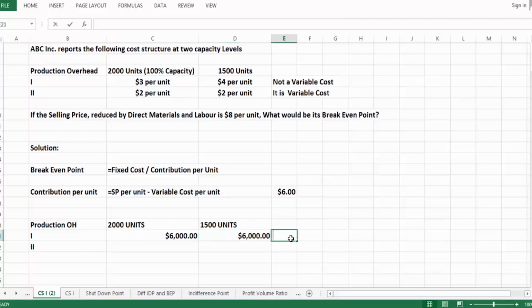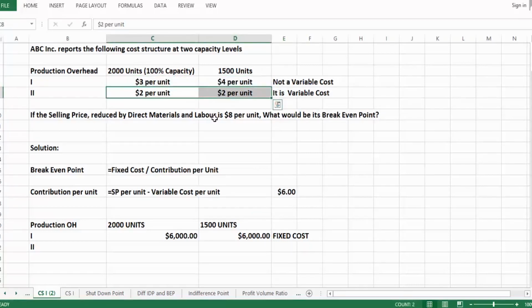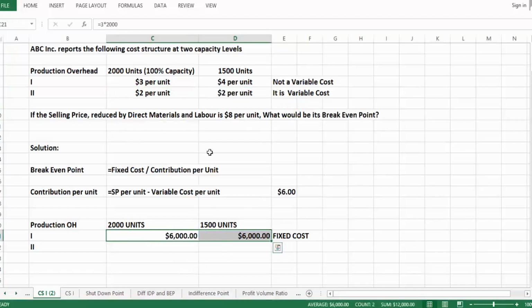So this is remaining fixed. So this is the fixed cost. If you recollect, here we said that this cost is not a variable cost because variable cost per unit will not undergo a change, but fixed cost per unit will undergo a change, but in totality it will not undergo a change. Look at here, the total has not undergone any change, but per unit will undergo a change.